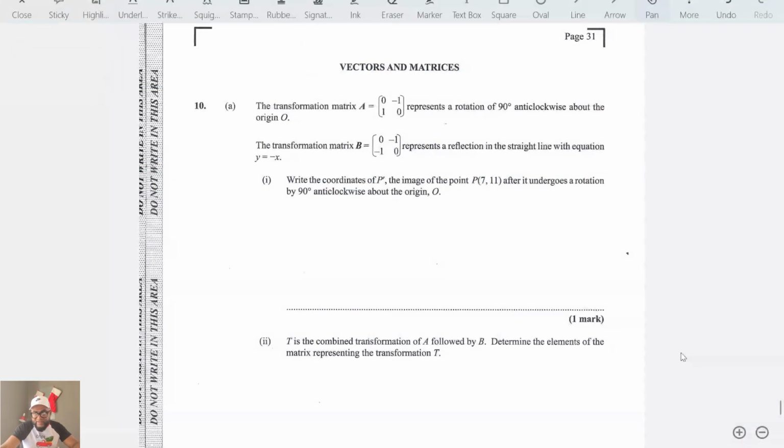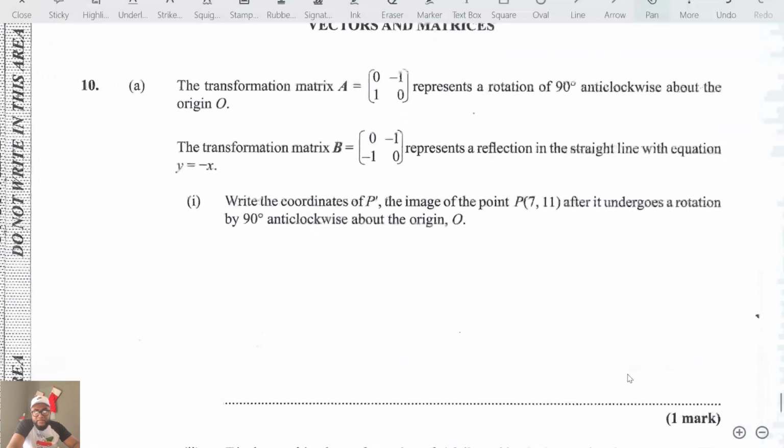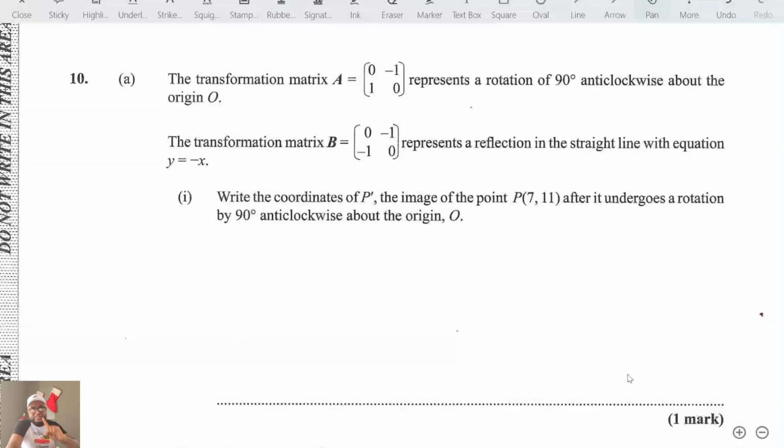And I see they give you some of this stuff here too. So let's go: vectors and matrices, transformation matrix, right? They said the transformation A, which is the matrix 0, -1, 1, 0, represents a rotation of 90 degrees anti-clockwise about the origin.